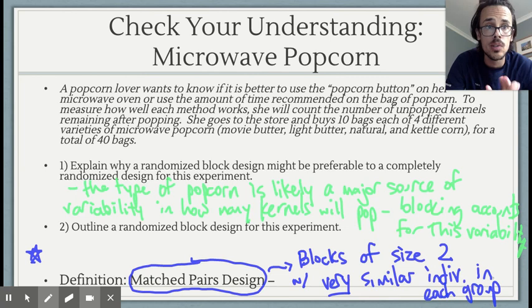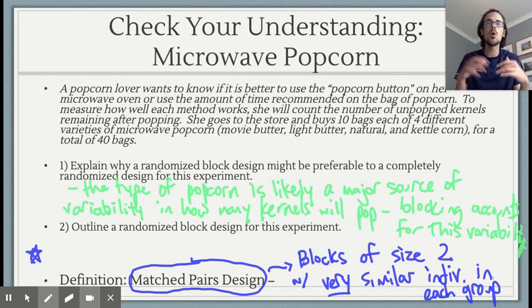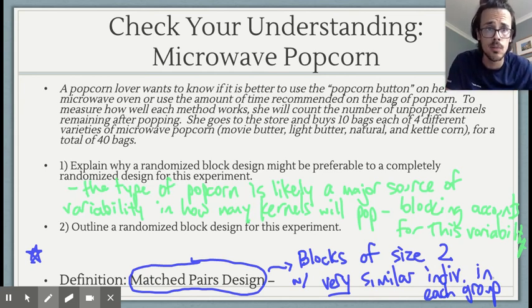But matched pairs even further accounts for variability, because if I'm testing both things on myself, all those other factors about sweat levels, athletic ability, et cetera, are the same. So matched pairs is a nice way to account for a lot of the variability. But blocking in general, whether it's regular blocking or matched pairs, basically, in a nutshell, makes it easier to tell if what we are testing is actually statistically significant.